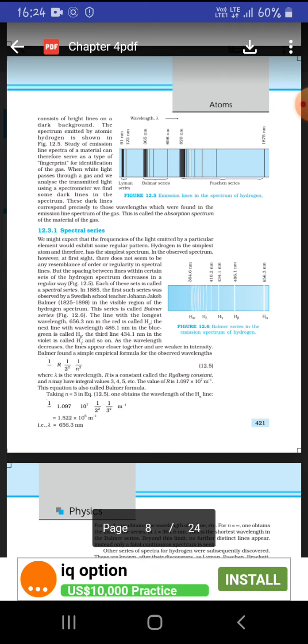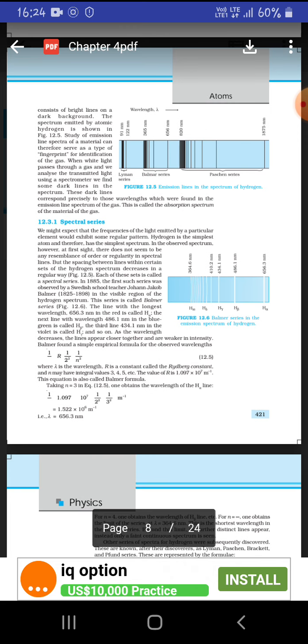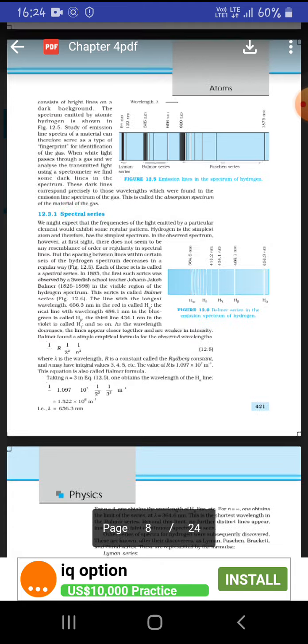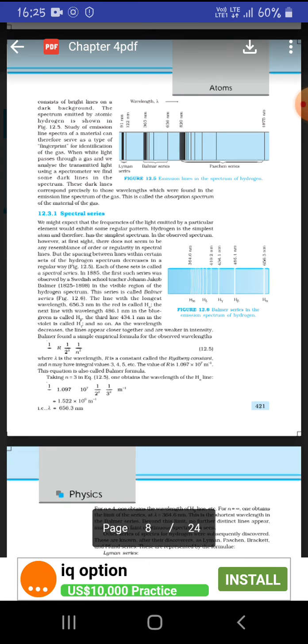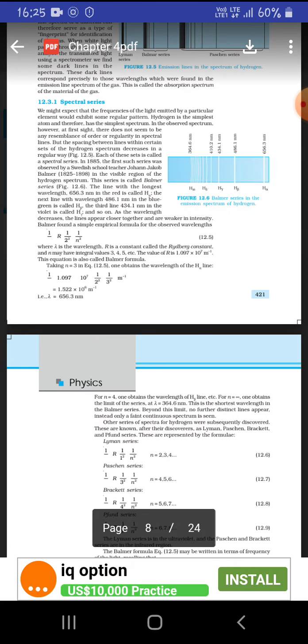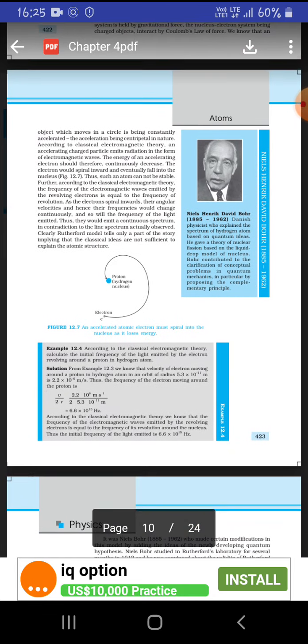To observe the wavelength, 1 by lambda equals R times 1 by 2 squared minus 1 by n squared. So 1.097 times 10 to the power 7, times 1 by 2 squared minus 1 by 3 squared, per meter. That gives 1.522 times 10 to the power 6 per meter, and when we calculate it we get 656.3 nanometers.